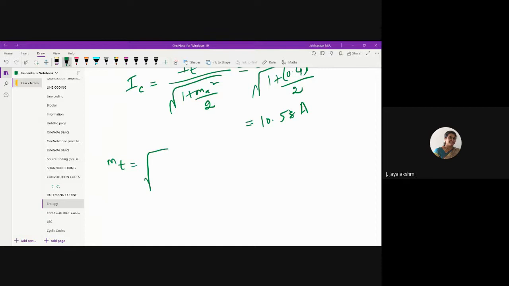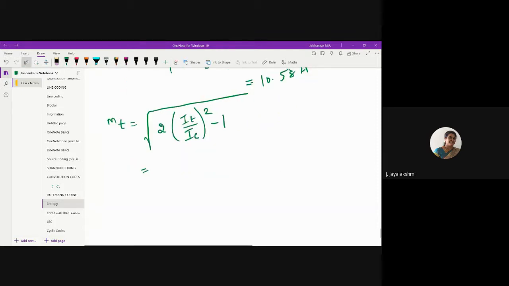It is root of IT divided by IC, square, minus 1. Now take the increased current, 12 amps, divided by the carrier current, square, minus 1.